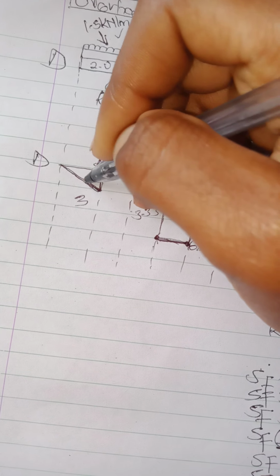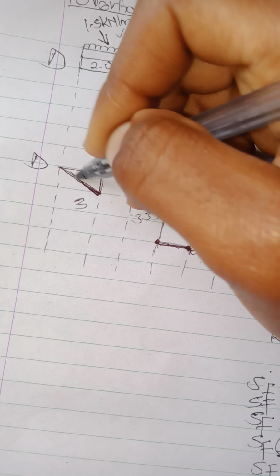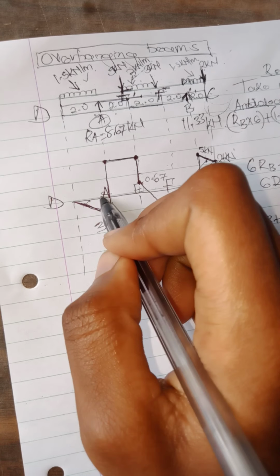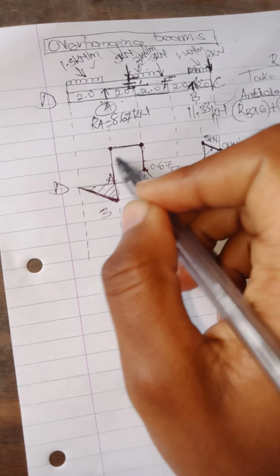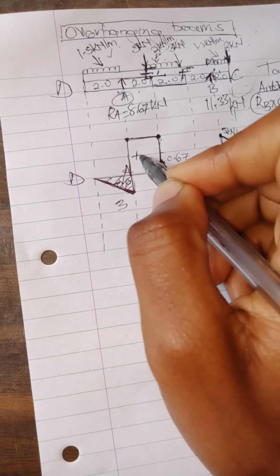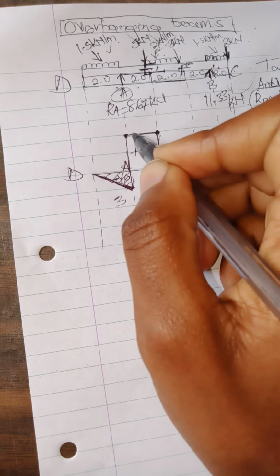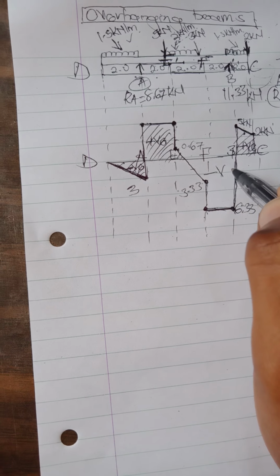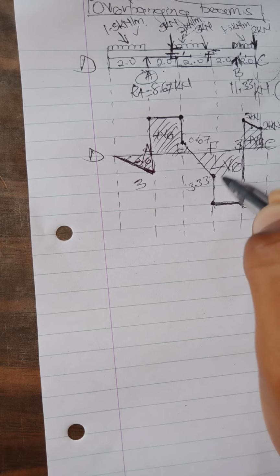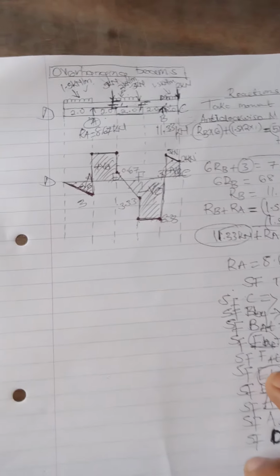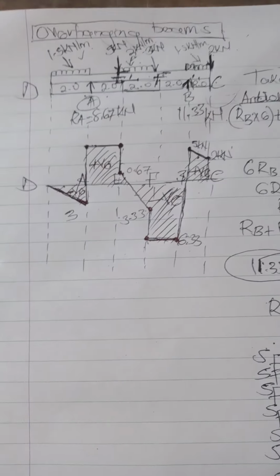This is a straight line, so it's not a parabola. So we shade to show that it's negative, positive, negative. That's the SF diagram.